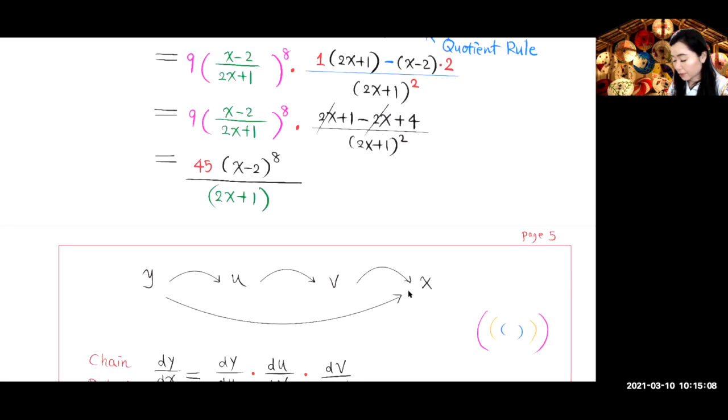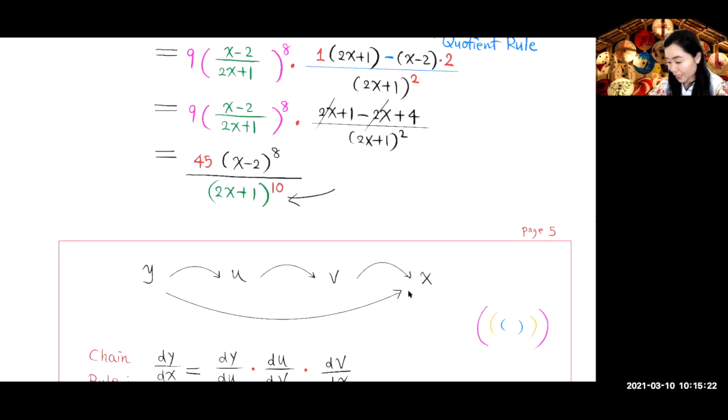So 8 plus 2 will make 10. So to the 10th power over here. You add this one and this one, so that's how you got this 10th power. So that was using the chain rule together with the quotient rule.